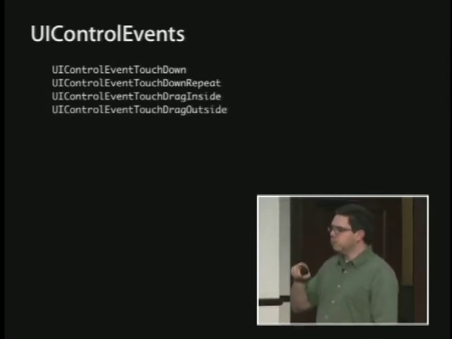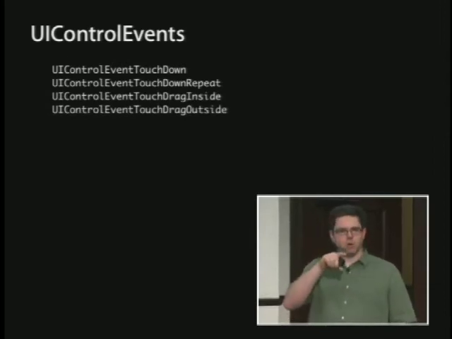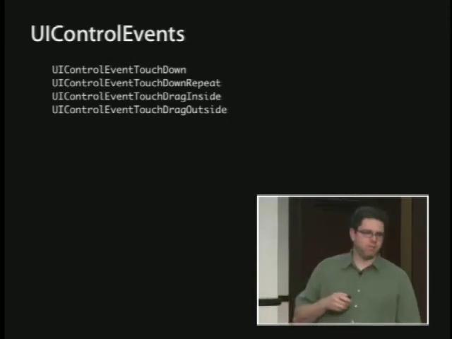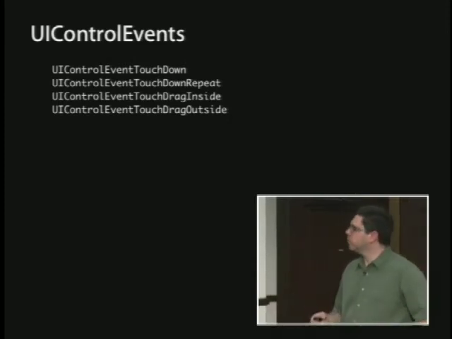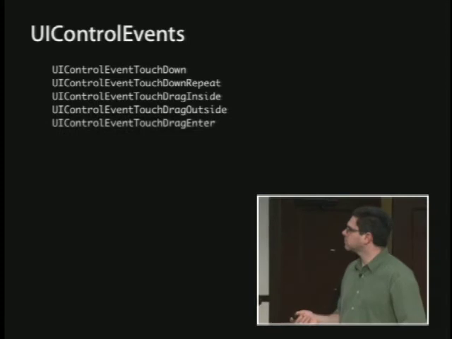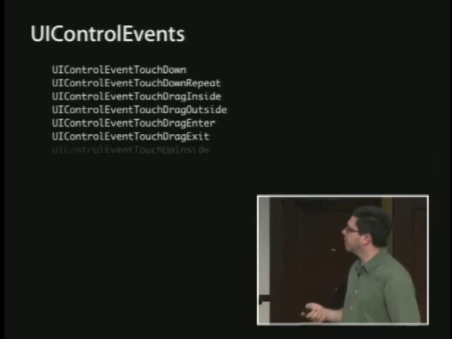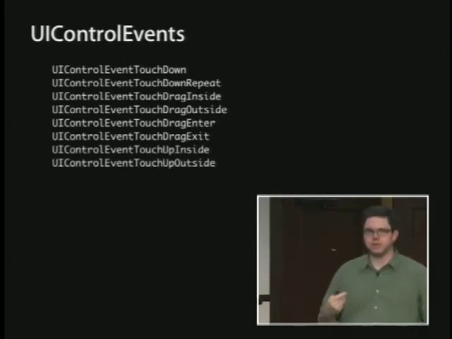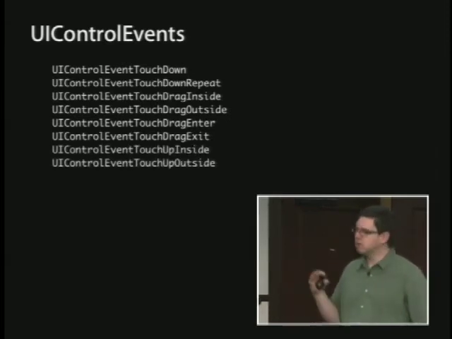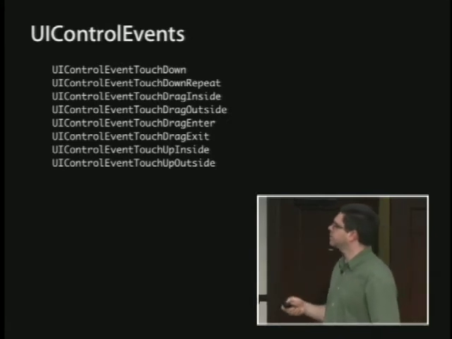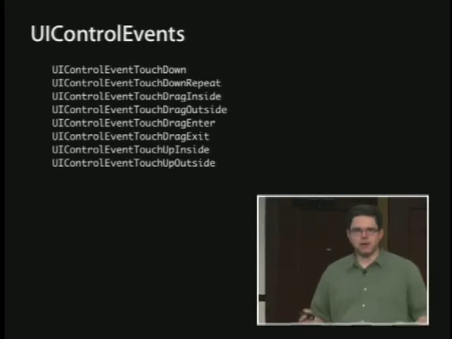If the touch moves around either inside or outside of the control, we'll send 2 different events for those. And as we cross the boundary, either entering or exiting the control, there are events associated with that as well. And then finally, when the touch lifts either inside or outside of the control, there's associated actions or events there. So the typical thing is like you have a button.